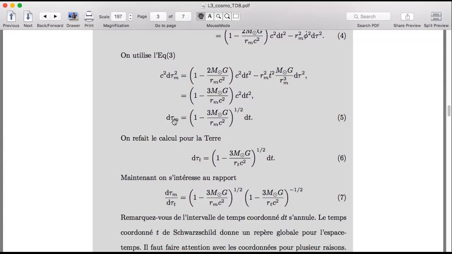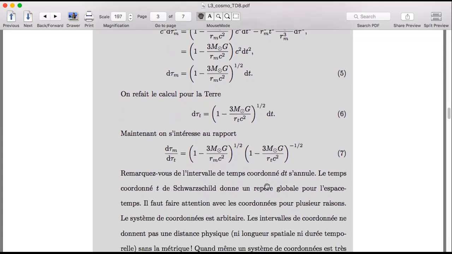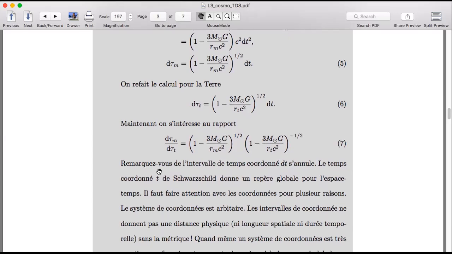So I take the ratio of these two quantities. I divide the left-hand sides here, and then I divide the right-hand sides. And the beautiful, or the useful, thing is that the interval in coordinate time cancels. But I have to take the ratio of these two quantities here, the one with Earth having the minus sign because we divided by the interval for the Earth.